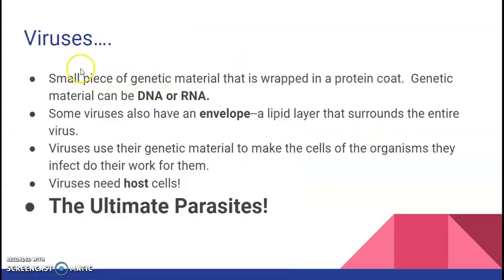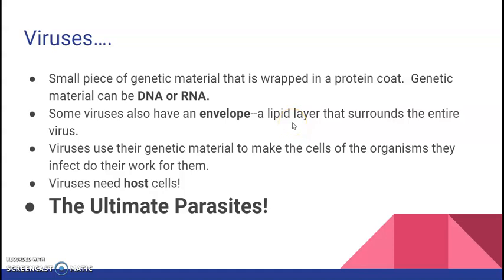All right, as we said, viruses are basically very simple. They're just a small piece of genetic material wrapped in a protein coat. That genetic material can be either DNA or RNA, and we'll talk about both of those situations. Some viruses also have an envelope, which surrounds the genetic material and the protein coat, and that's a lipid layer.